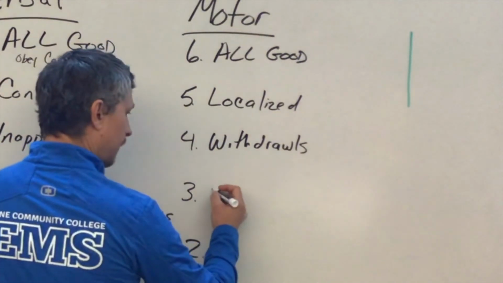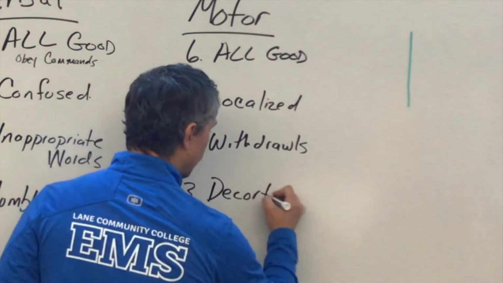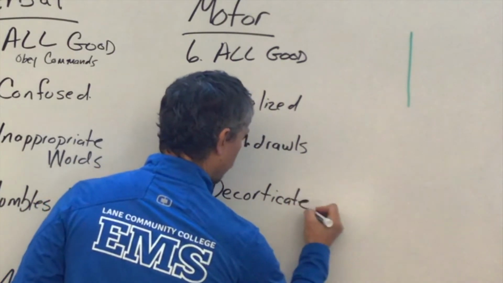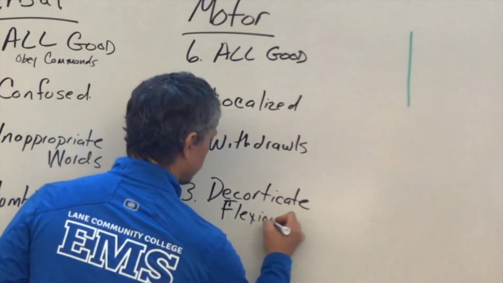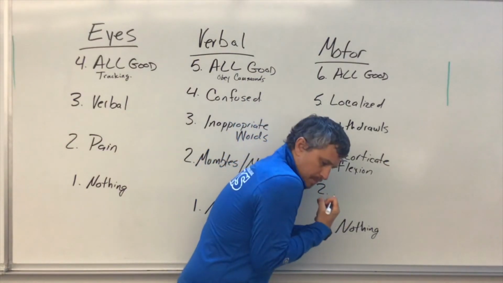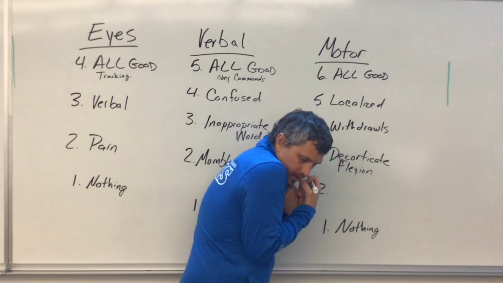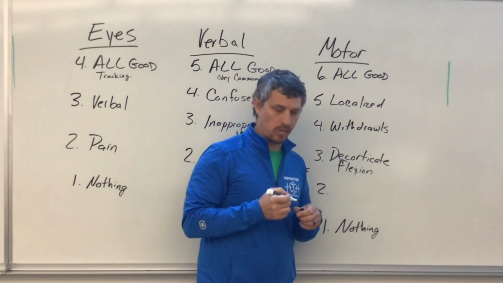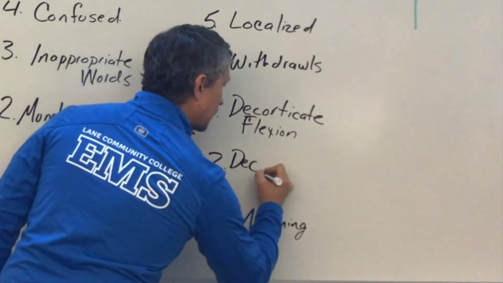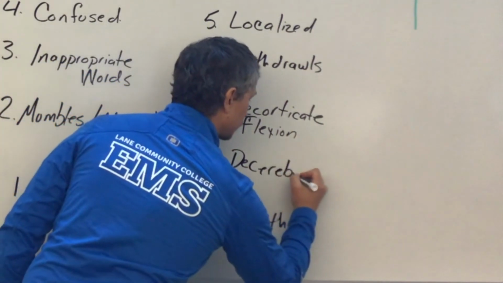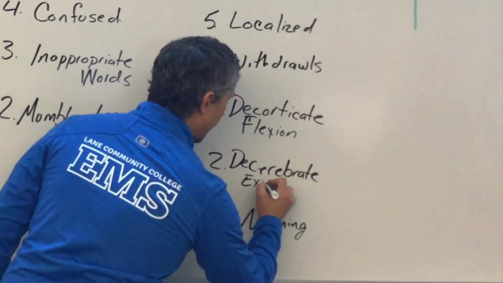Then we're going to have our decorticate or our flexion. So that's where our patient's going to be pulled up. They're going to be in like a fetal position or everything's pulled into the core. And then we're going to have our decerebrate posturing, also known as extension.